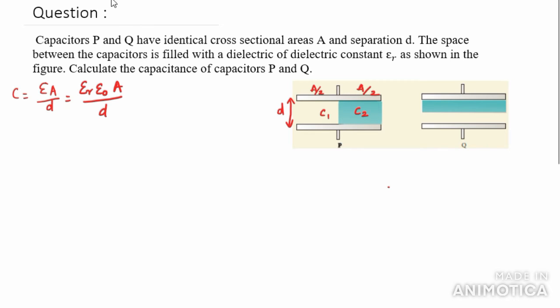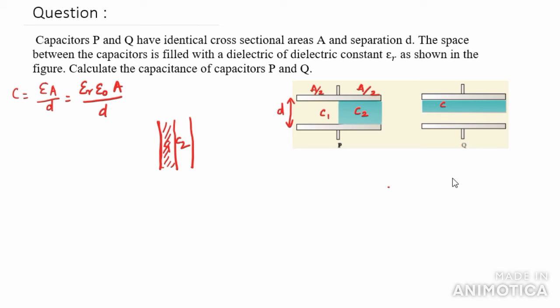Okay, now we'll find the equivalent capacitance of capacitor Q. Here the parallel plates are half filled with the dielectric medium. This one is C1 and this one is C2.